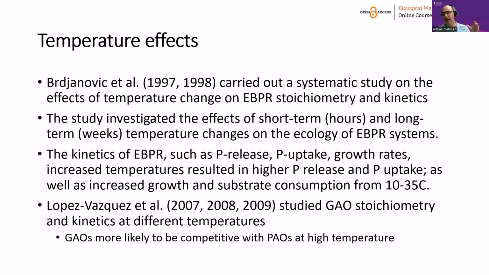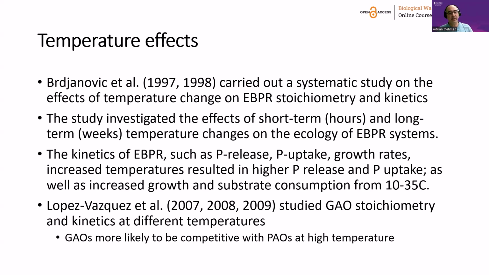A long-term change will promote a change in microbial community, and that also has a separate impact on EBPR. What they found was that the kinetics of EBPR, so P release, P uptake, growth rates, they all increase as a result of increased temperature. So higher P release, higher P uptake, increased growth, all happened as temperature was increased from about 10 to 35 degrees Celsius.